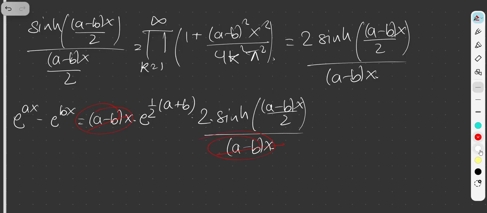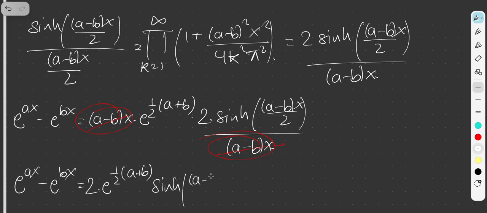We are successfully getting rid of those things, this one and this one. And so further we have e to the ax minus e to the bx as e to the 1 over 2 times (a plus b) and times hyperbolic sine of (a minus b)x over 2.